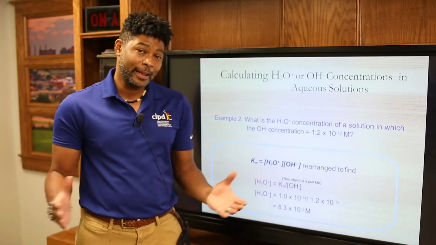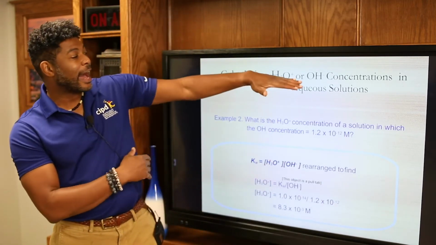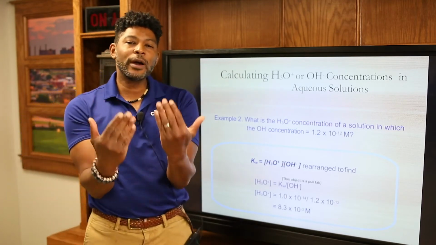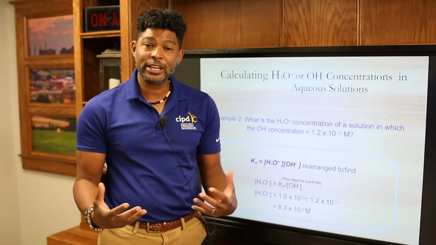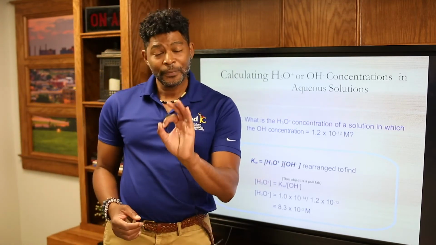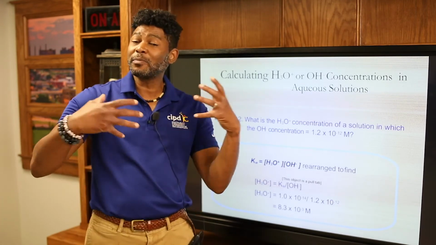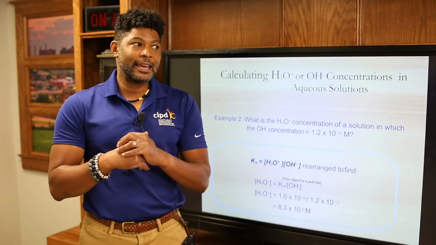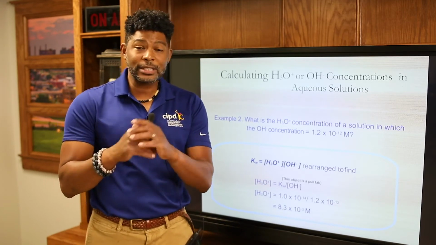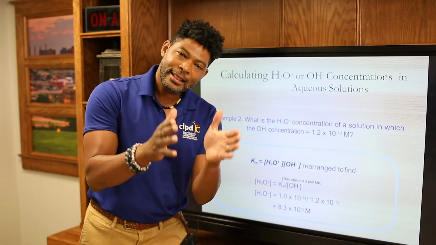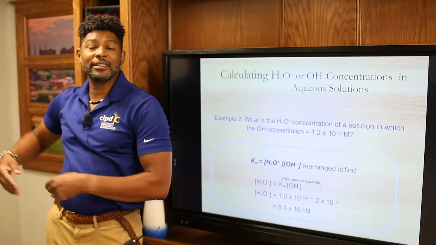That's simple. All right. So now that we have the hydrogen ion concentration, or the OH concentration, what is that saying? Well, if I have a number that is higher or smaller than, let's say, 10 to the minus 7, then that lets you know that you're going to be on the higher end of the scale.